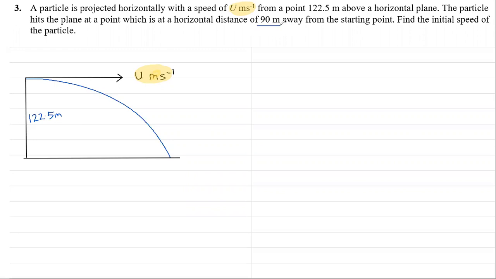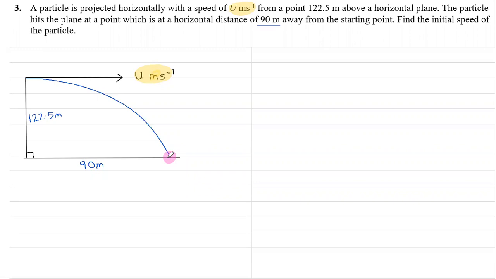Because we're working in horizontal and vertical planes, we've got 90 degrees between them. They are perpendicular, as we know, and this is 90 meters. That horizontal distance, and the point at which it makes contact with the horizontal plane is right there. So we know vertical and horizontal displacements.